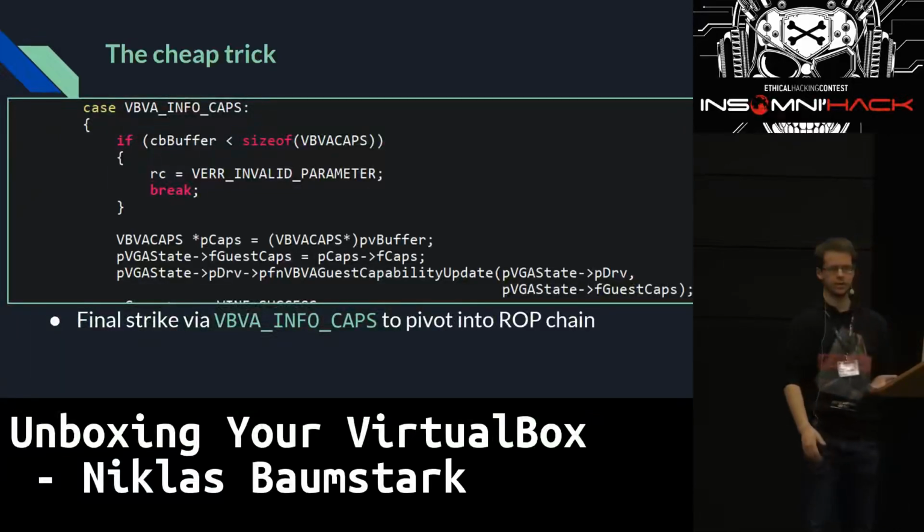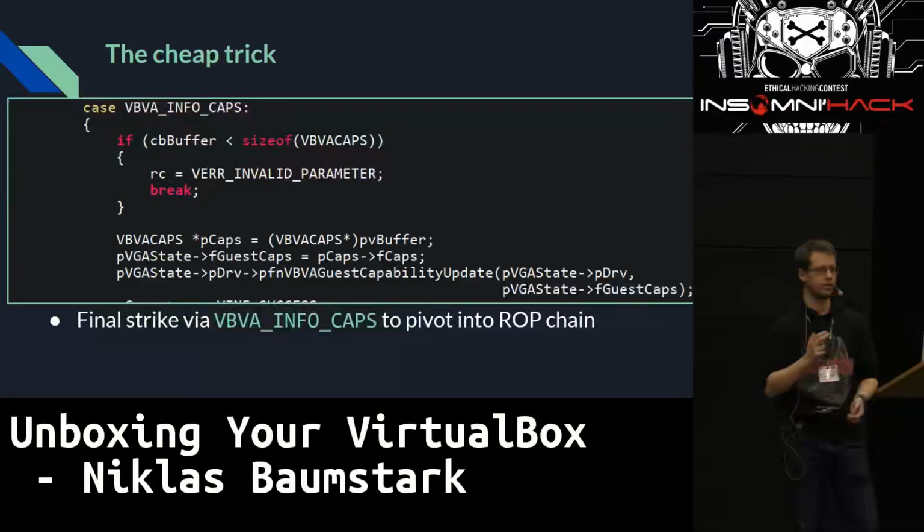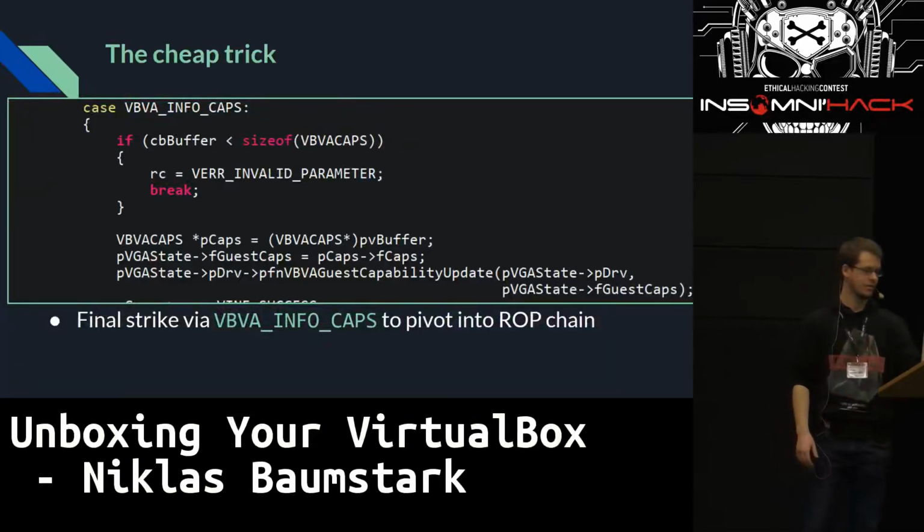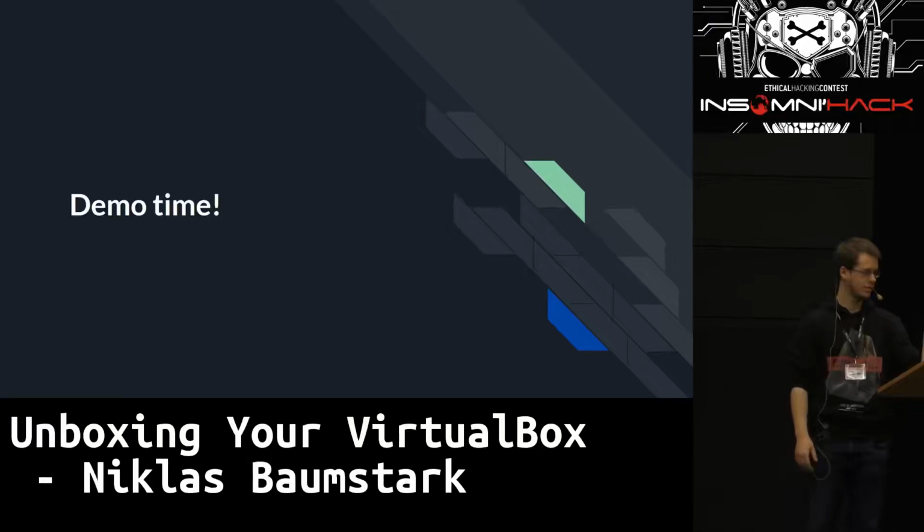All right, and then after we get code execution, we run a privilege escalation payload using the trick that I showed you before, and then we get system level code execution, and we can even repair everything so that the VM keeps running. I will just show you a live demo of this right now.